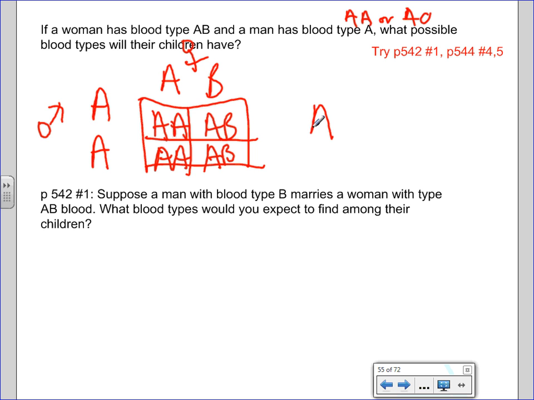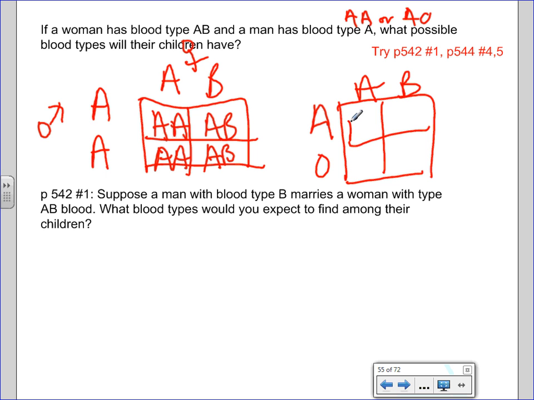If he is AO, then he could be type A. Then the children could be type A, they could be type AB, they could be type A, or they could be type B. So in this case, they could be type A, type AB, or type B. In the other case, they could only be type A or type AB.